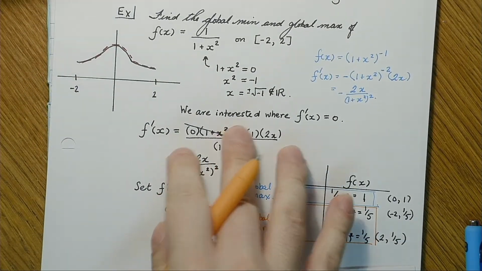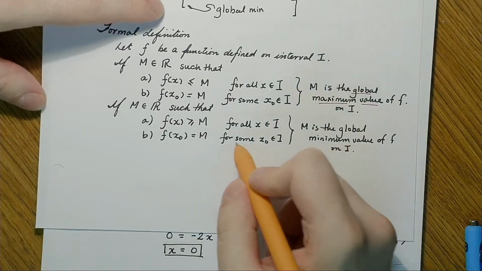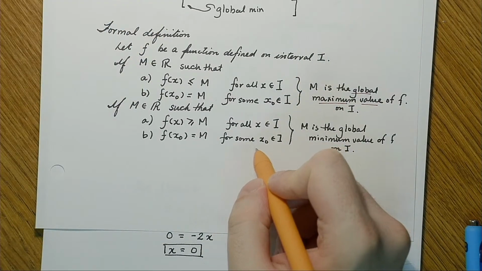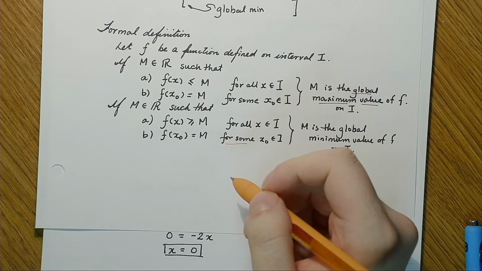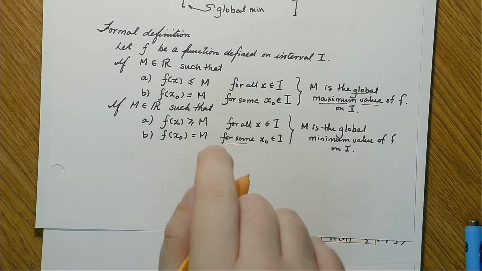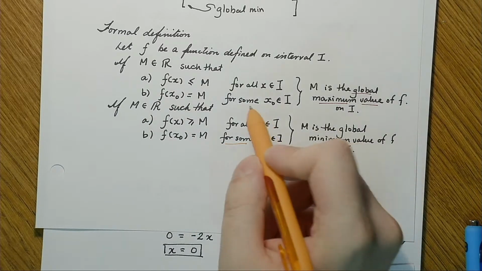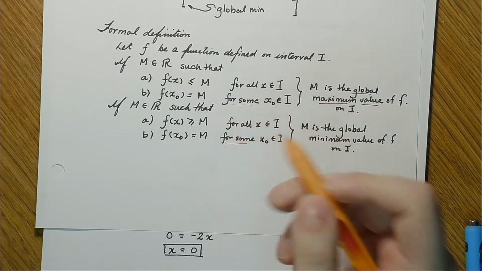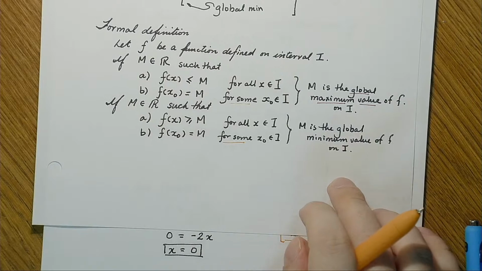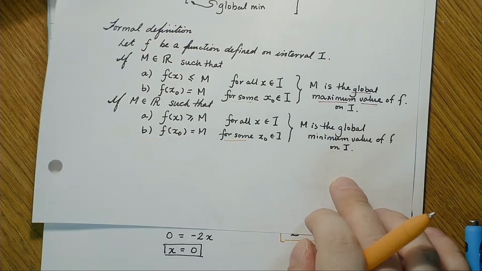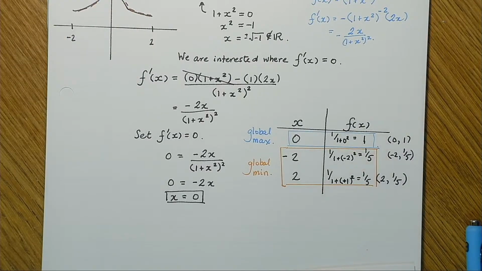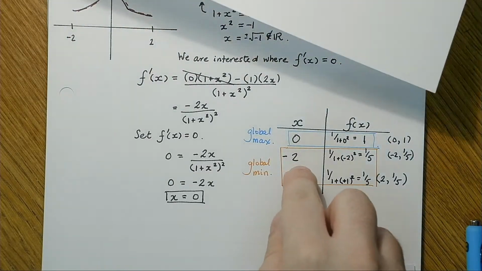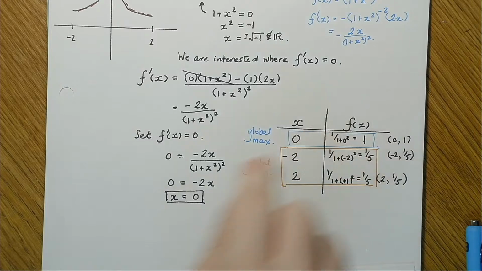Just note, it's for some value. When it says for some, there has to be one, but there can actually be many. So for some value, not necessarily unique. We've got two points here that are global minimum, and a point here that is my global maximum.